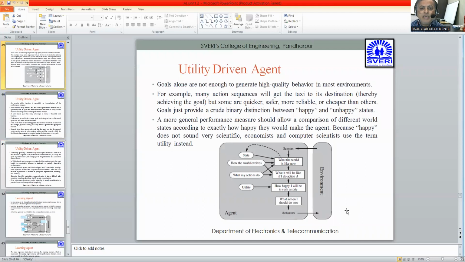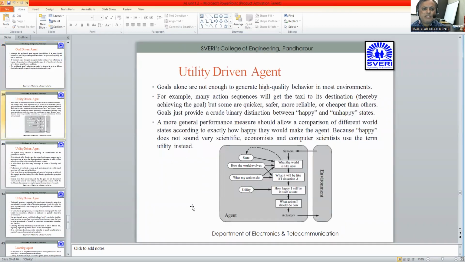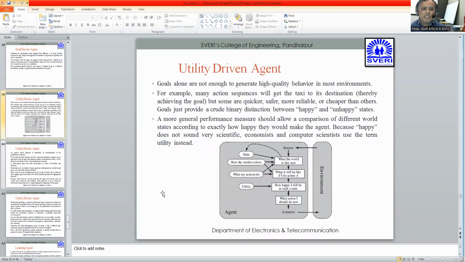Now the next one is a utility driven agent. Again, you can see the two figures of the earlier deliberative agent and goal driven agent, and then we are moving to the utility driven.